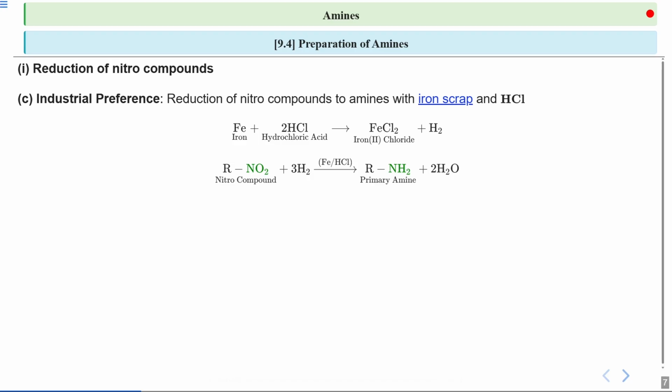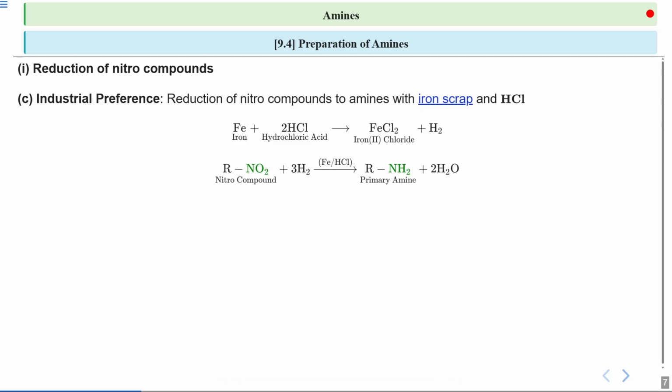Here we have the NO2 group, which is how the nitro compound is actually reduced. We have RNO2 plus 3H2 in the presence of iron and hydrochloric acid. It gives RNH2, which is a primary amine, and water.